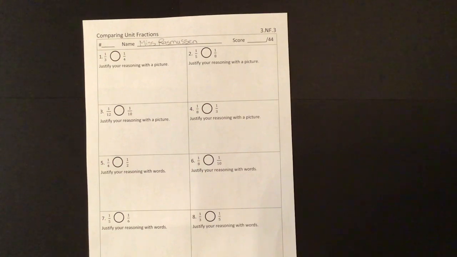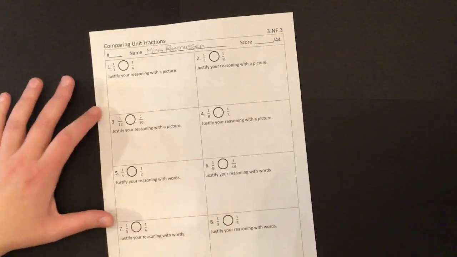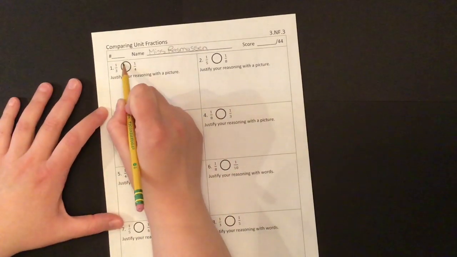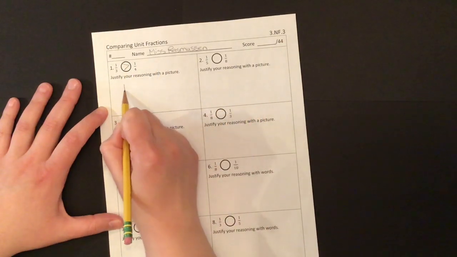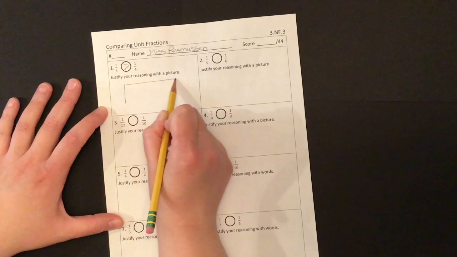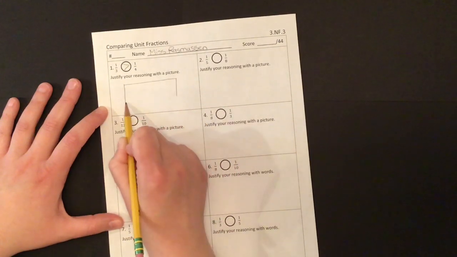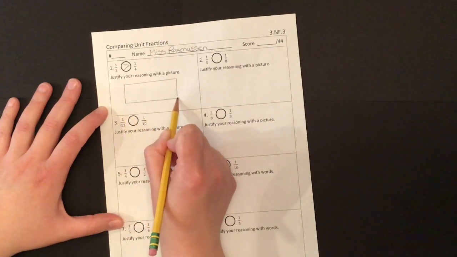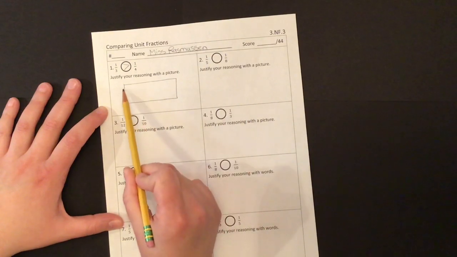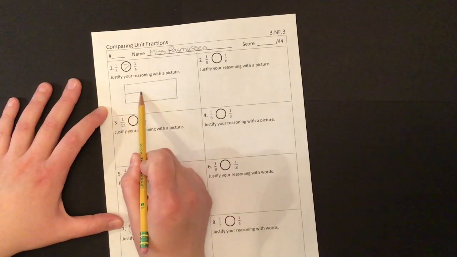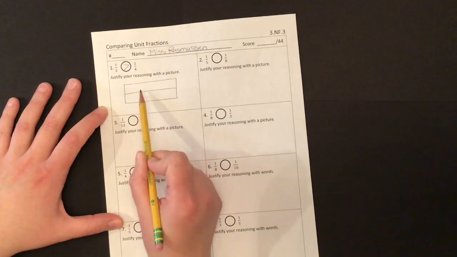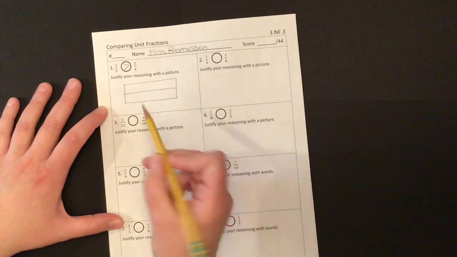I find it easier to draw rectangles because you can stack them on top of each other and really show that they are equal sizes, the holes are. I'm going to just draw one great big rectangle, and that way I'm guaranteed that they are the same width. And if I very carefully split it into 2, now I've got 2 holes.